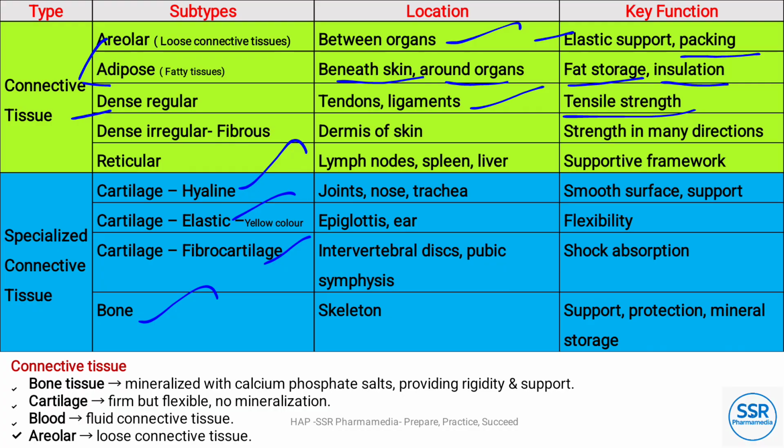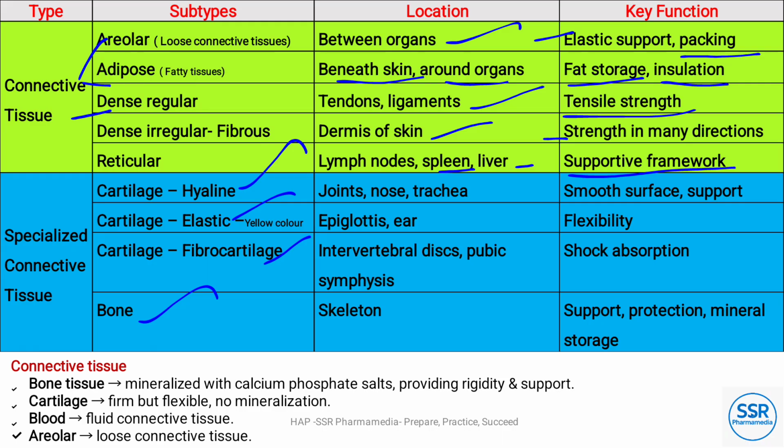Dense irregular fibrous connective tissue is present in the dermis of skin; its function is strength in many directions. Reticular connective tissue is present in lymph nodes, spleen, and liver; its function is a supportive framework.